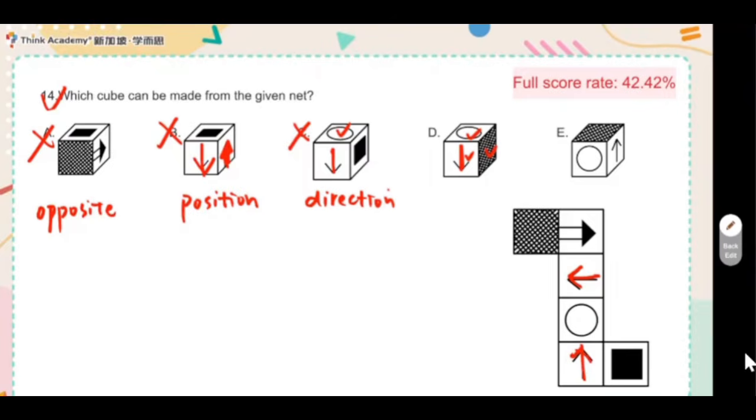So option D is wrong for the same reason as option C, because of the wrong direction. Then option E, after we double check, is the only one that is correct. Everyone, if you can understand, type 1 in your chat box.